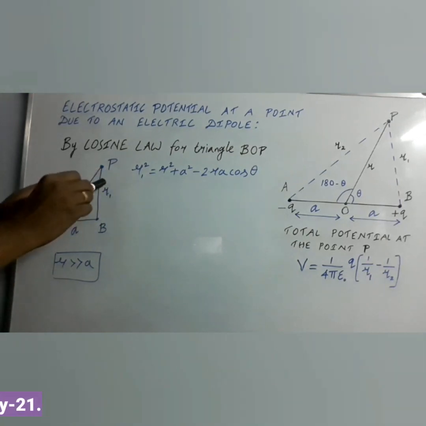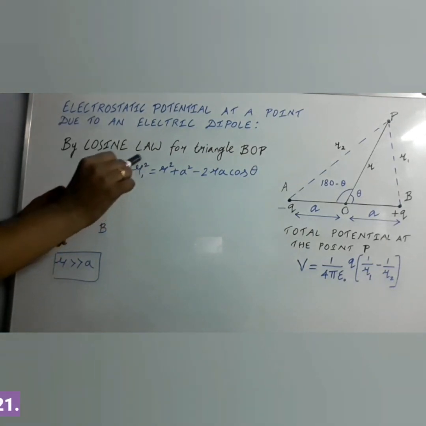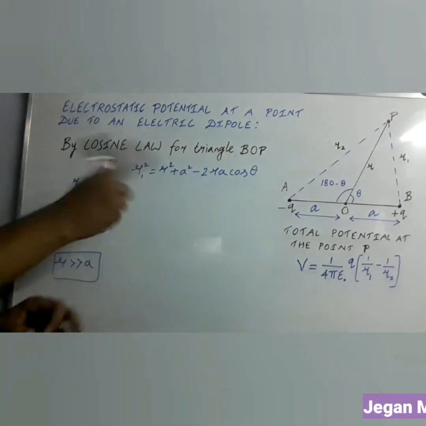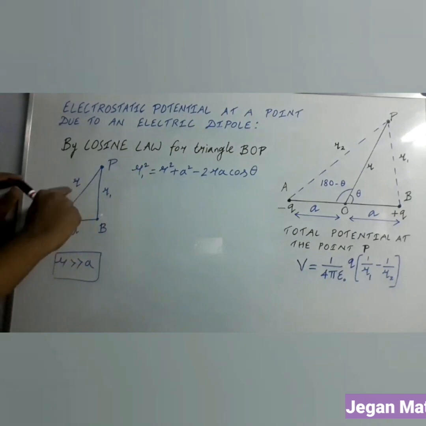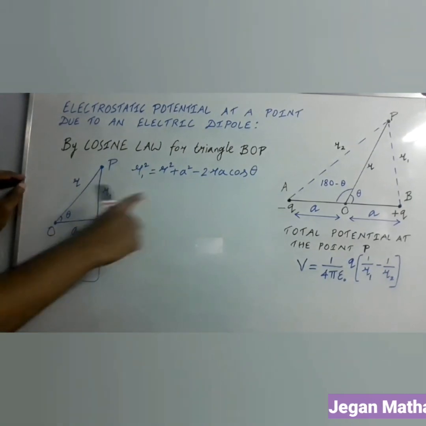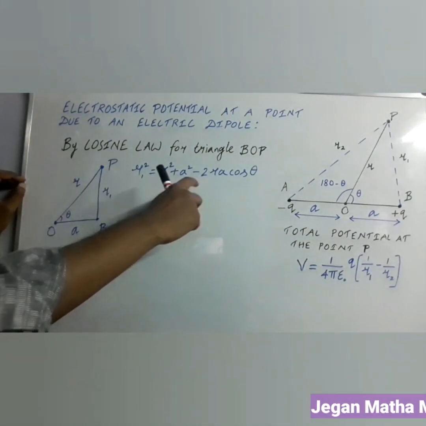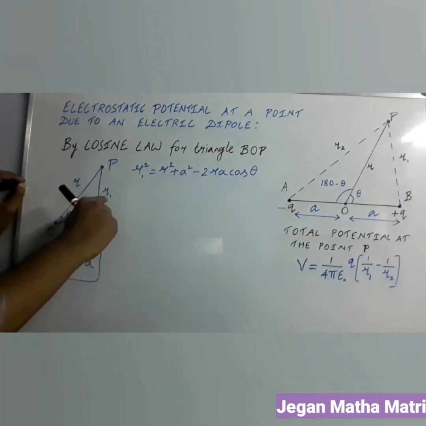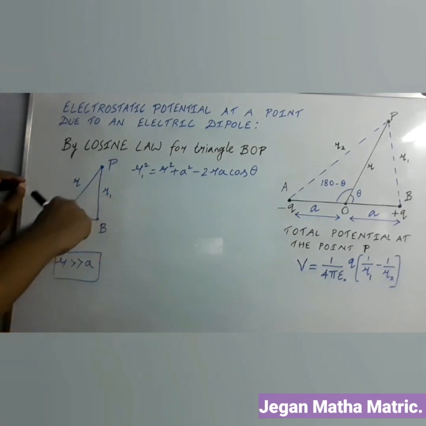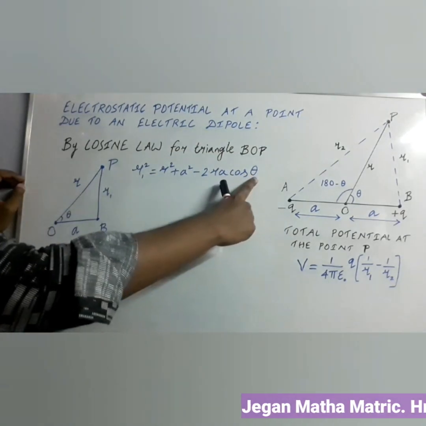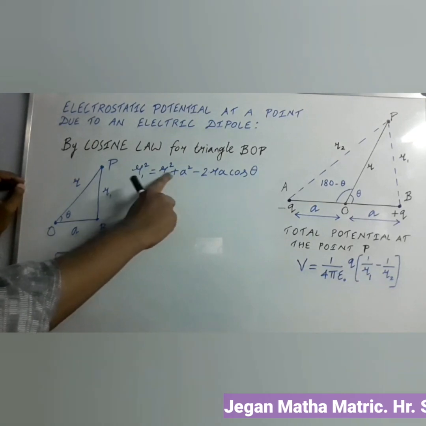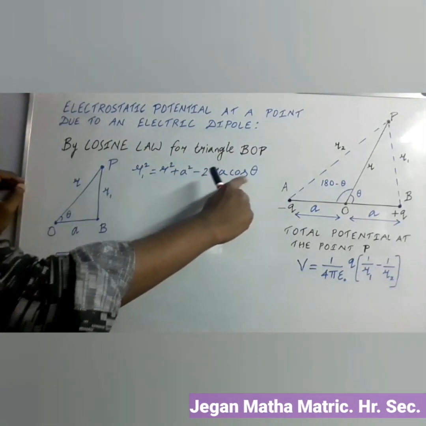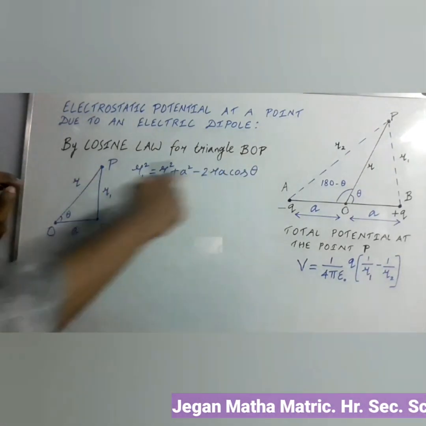R1 square, the square of the side you are going to find, is equal to the sum of the squares of the other two sides, that is R square plus A square, minus 2 times the product of the two sides R and A, and the cosine of the opposite angle, cos theta.